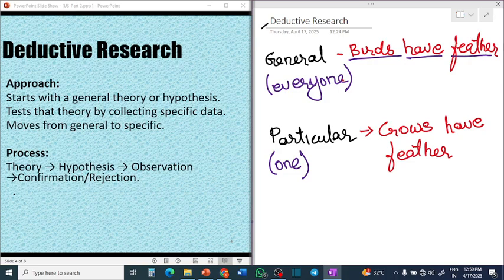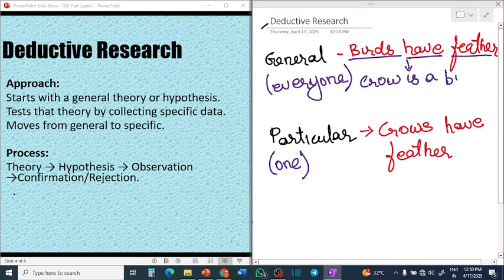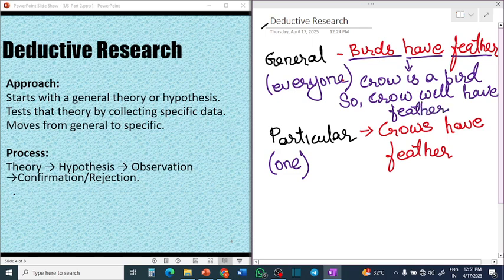If all birds have feathers, the hypothesis will be that a crow is a bird, so a crow will have feathers.